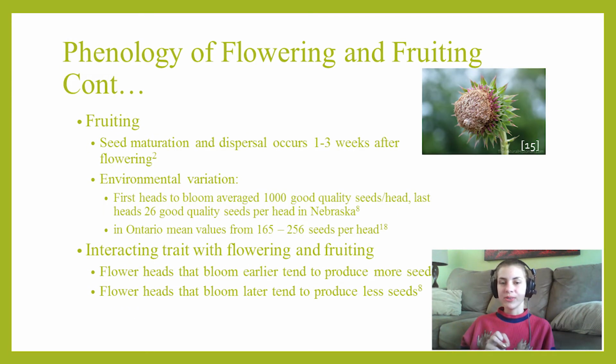Phenology in regards to fruiting, seed maturation and dispersal tends to occur 1 to 3 weeks after flowering, and some environmental variation that happens with phenology of fruiting is that in Nebraska, or I guess you could generalize to the Midwestern US, the first heads to bloom produce on average 1,000 good quality seeds per head, and then the last heads to bloom produce 26 good quality seeds per head.